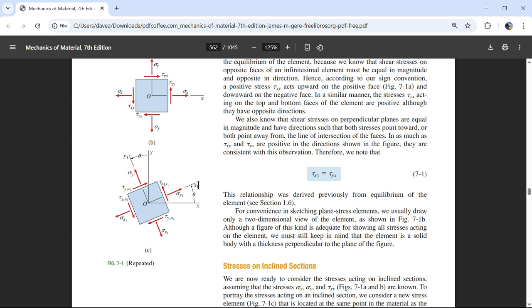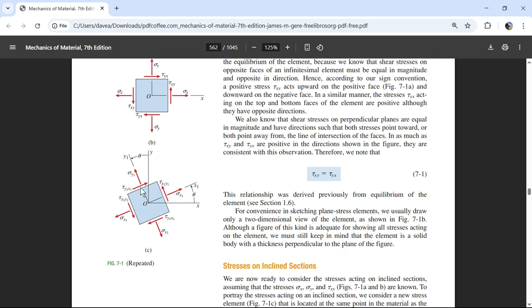So that would mean that this x1 face is up here. If this x1 face is up here, the y1 face is over here. You know what I mean? That doesn't change. But if we rotate this x1 face from 20 up another 90, that's going to be 110.